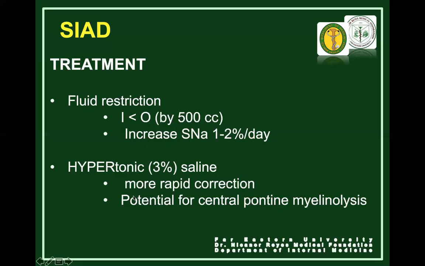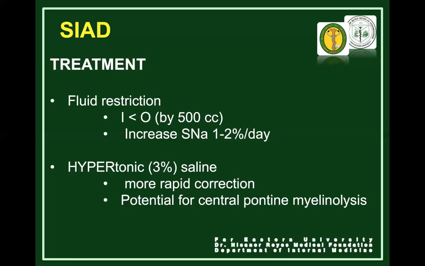Okay, because this will give you more rapid correction. However, you cannot just infuse the hypertonic saline as fast as you can. You have to compute them, and you have to raise the sodium by probably around 1 to 2 mEq per hour. And you usually just half correct them.